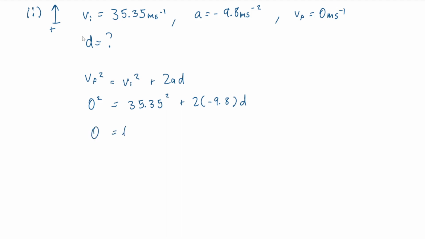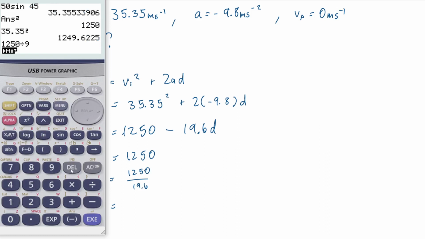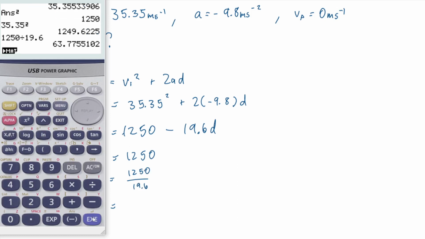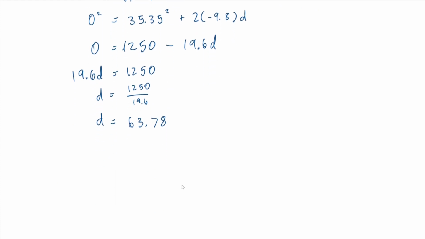So 0 squared equals 1250 minus 19.6 d. So we'll add 19.6 d to both sides. We will divide both sides by 19.6. 1250 divided by 19.6 is 63.78, or to one significant figure, 60 meters.